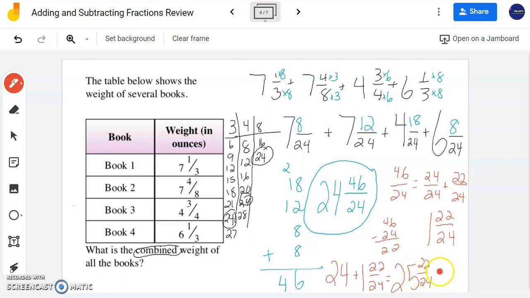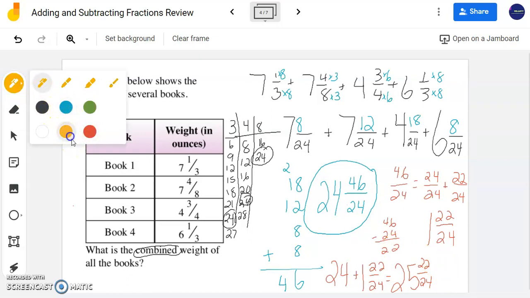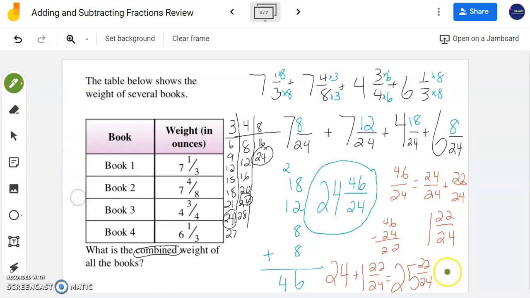When that's really large, you can create an equivalent fraction by either multiplying or dividing both your numerator and denominator by something. This process of dividing is called simplifying. So I notice they're both even numbers. So if I divide my numerator and denominator both by 2, that's creating a new fraction of 25 11/12ths.